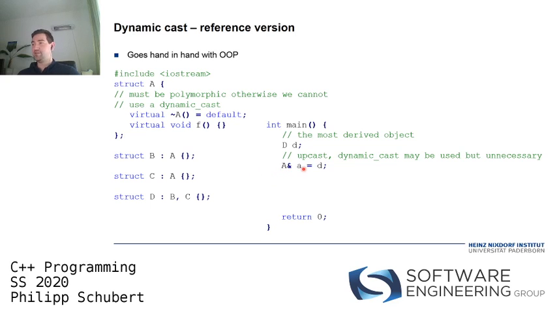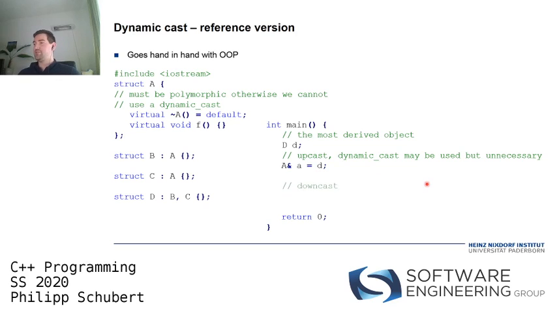And this works perfectly fine, because recall that the variable d is of type uppercase D, and uppercase D is also kind of an A, because D inherits from B and C, and both B and C also inherit from A. So practically, D is not only type D, but also type C, type B, and somewhat type A. This is what we call an upcast, because now you have a reference of one of the parent types to that more derived object, to that more derived type.